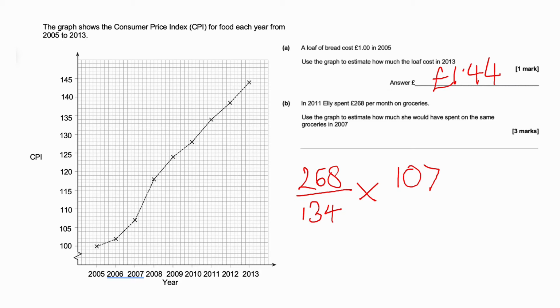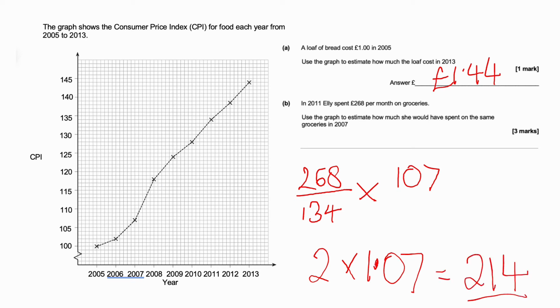And actually 268 over 134 is 2, so it'd be 2 times 107, which is 214. Bit of sense checking there. So in 2011 it would have cost her £268, and in 2007 it would have cost her 214.